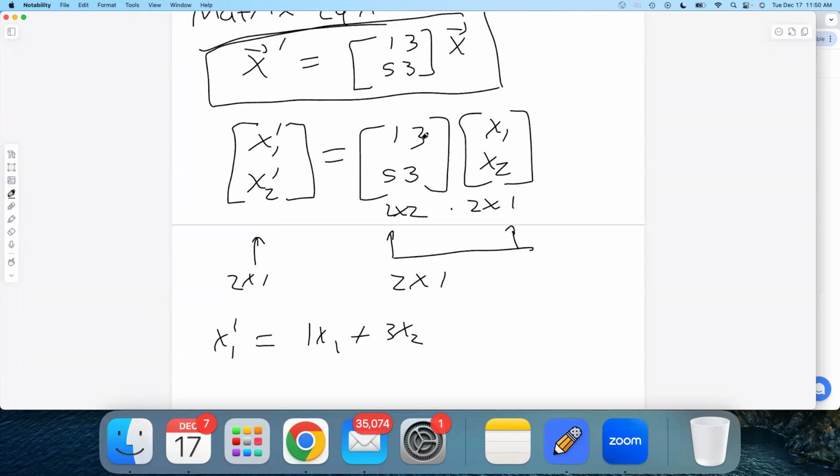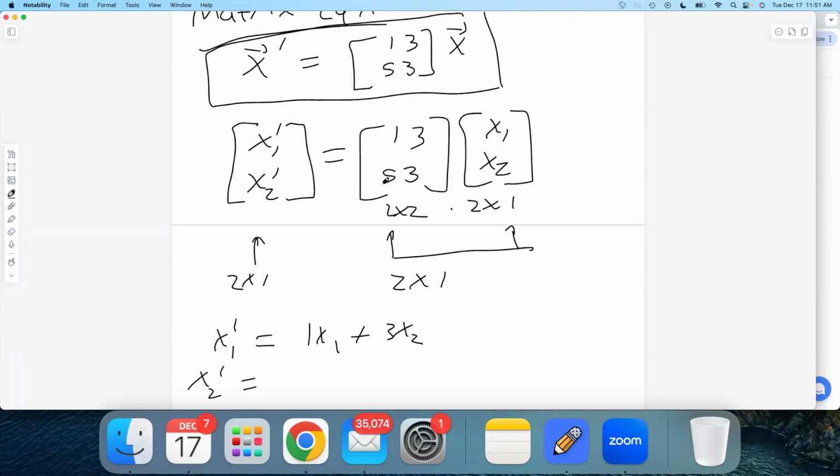That's what this top element of this matrix multiplication will give me. This row on top of this column. And then the bottom: take this row, lay it on top of this column, multiply, and add the answers. And that should be this one over here.